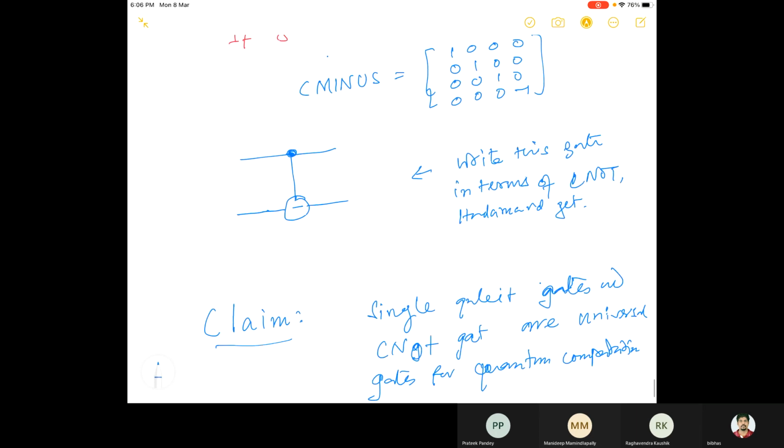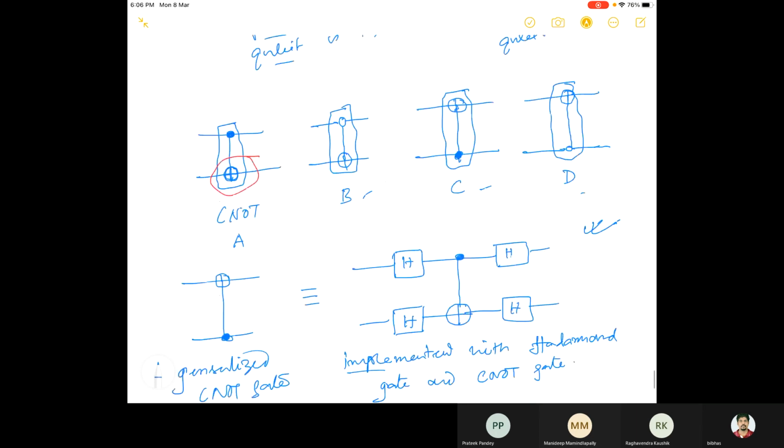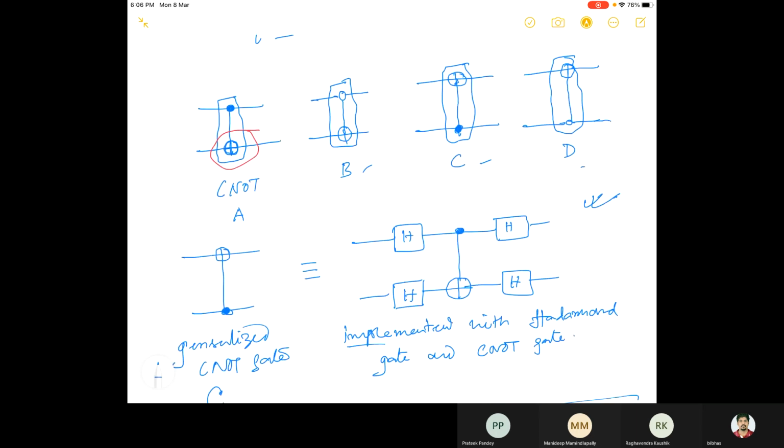If you look at this circuit, for example, here there is an input, here there is the output, and when H is applied, this is also applied. So you can say this entire operation decomposes like this. This is realized as a CNOT gate, or the generalized CNOT gate. So you have the input psi.